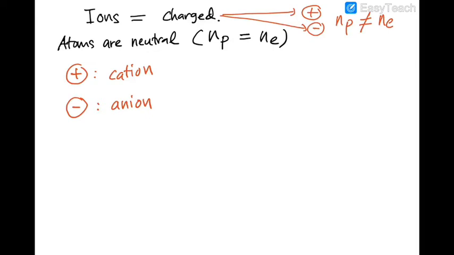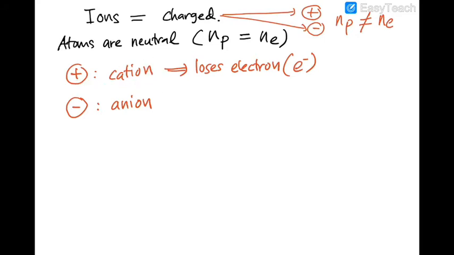The one that is positively charged loses electrons. That's why it becomes positive, because it loses a particle that is, don't forget, negatively charged, the electron. So when an atom loses an electron, for instance, then it will become positively charged and become a cation.